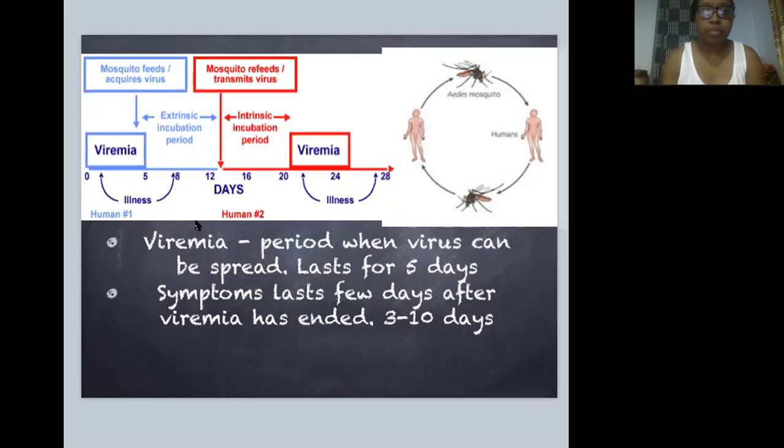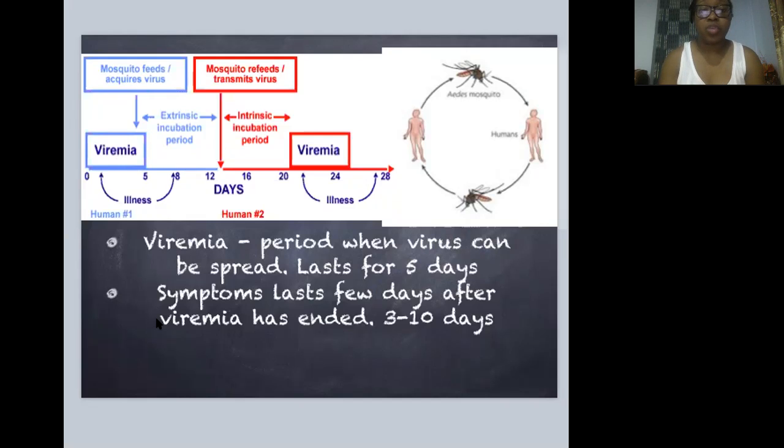That's called viremia, which means the virus is in the blood of the infected human. That lasts about 5 days, as you can see here. During the time of viremia, that's a perfect time for the mosquito to bite the human and then transfer it.